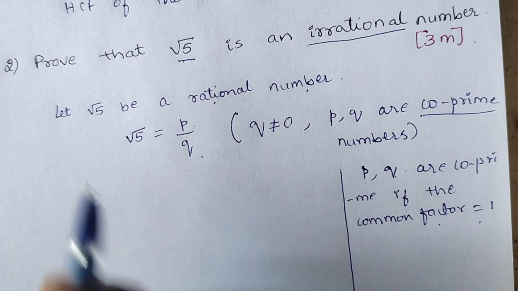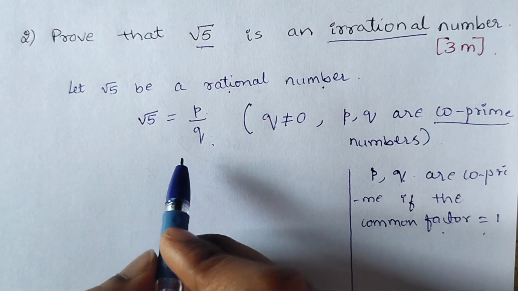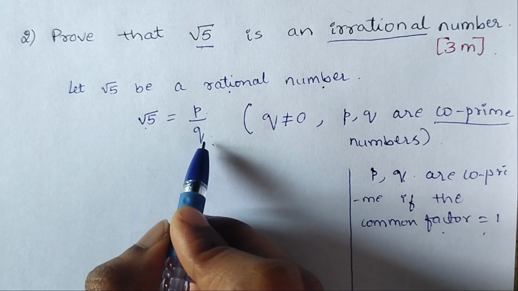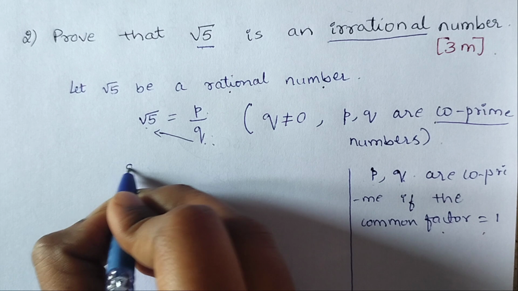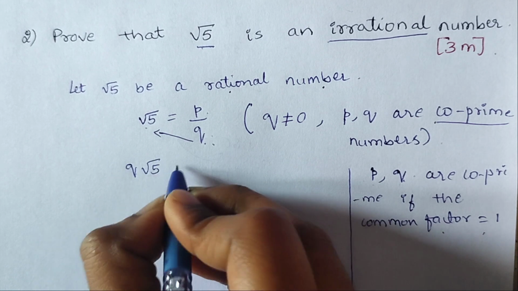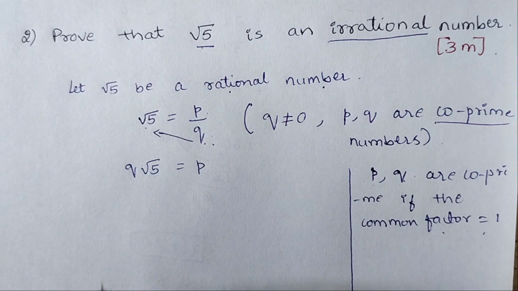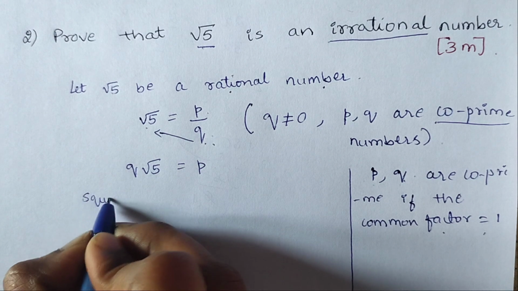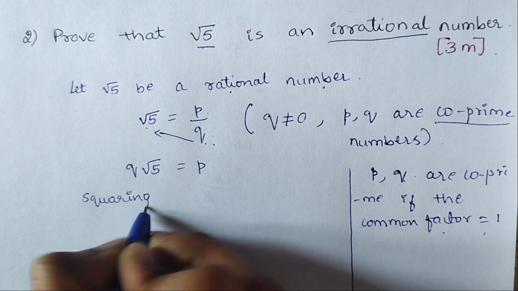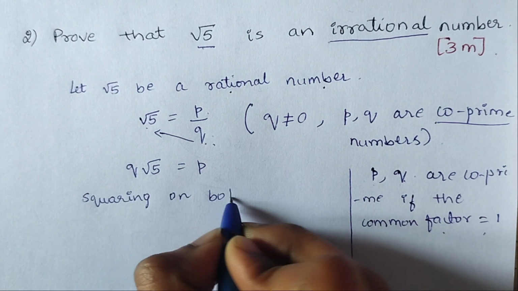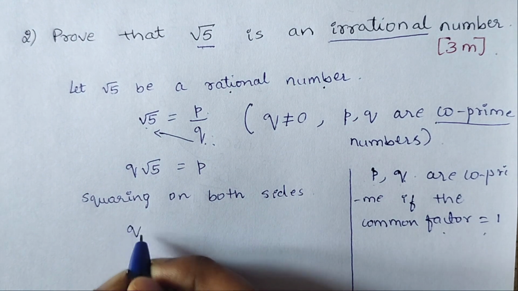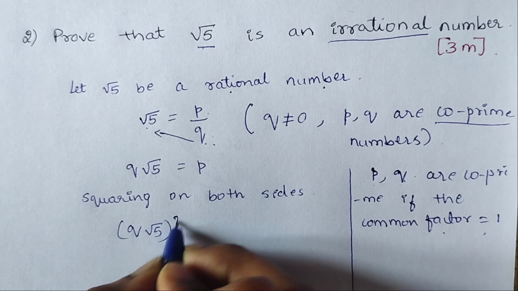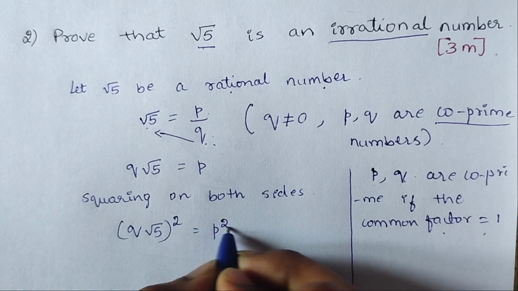So let us proceed with the proof. Now we have written that root 5 is equal to p by q. Let me transpose this q to the left hand side. It becomes q root 5 is equal to p. Now squaring on both sides, I'll get q root 5 whole square is equal to p square.